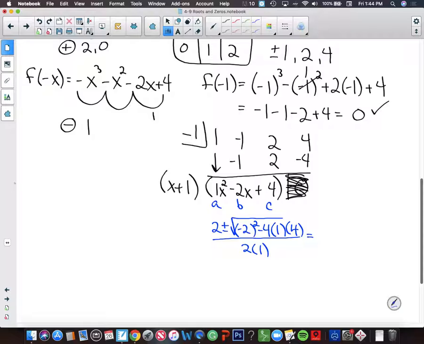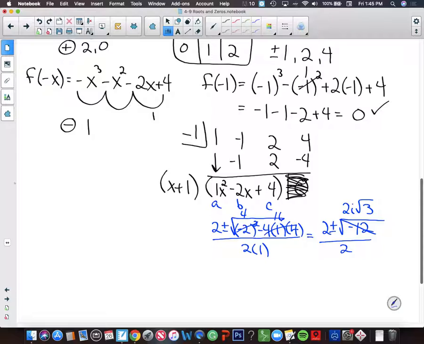Simplify it down a little bit. We get 2 plus or minus the square root. So that would turn into a 4. That would give me a 16. So 4 minus 16 is negative 12 over 2. Square root of 12 is 2i square root 3 using a factor tree.